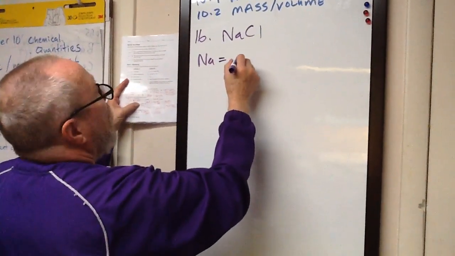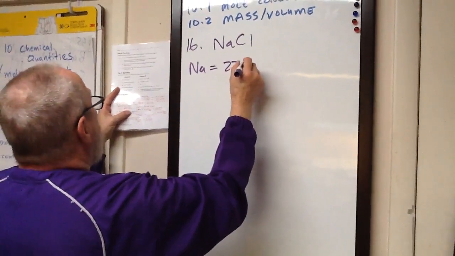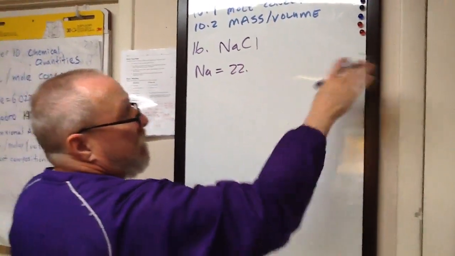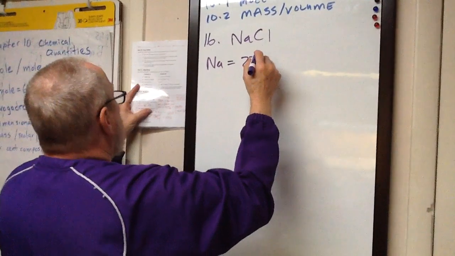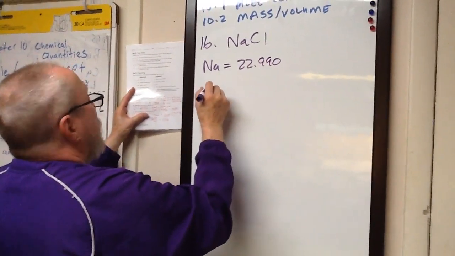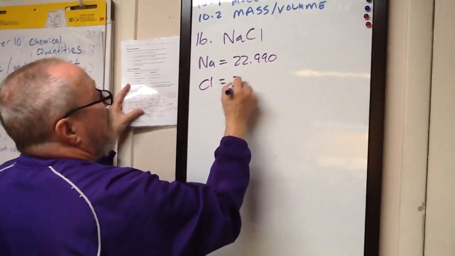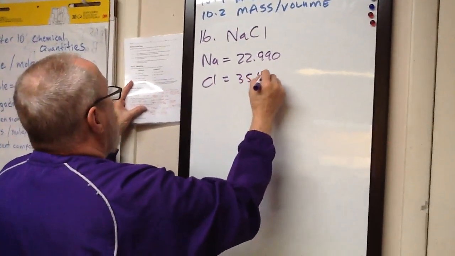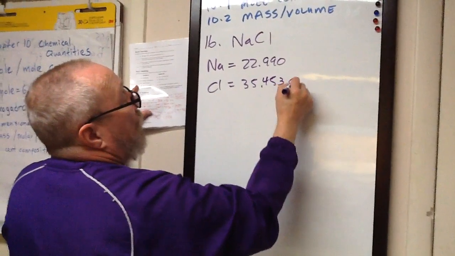So sodium, though, that I looked up is going to be very close. They only change in like the 2nd, 3rd, and 4th place and beyond. 22.990 grams per mole, and chlorine is equal to 35.453 grams per mole.